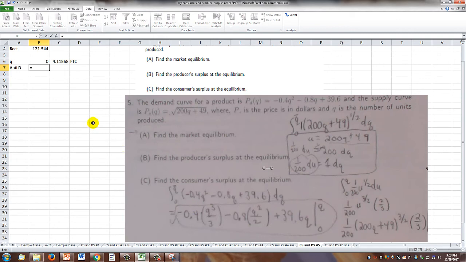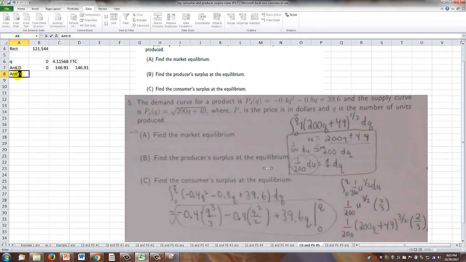So I'm going to type in negative 0.4 times Q cubed divided by 3 minus 0.8 times Q squared divided by 2 plus 39.6 times Q. I evaluated it from 0 to Q bar, and then I subtract the upper limit minus the lower limit.